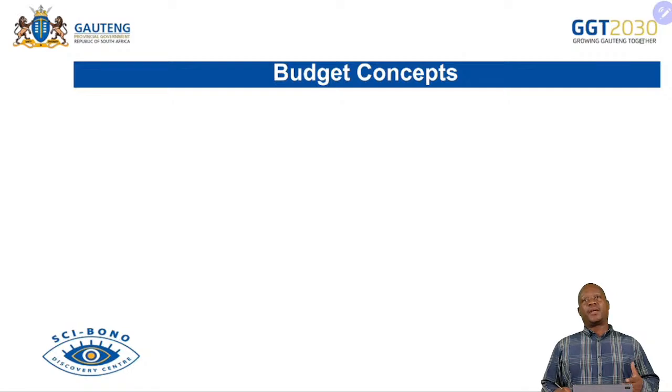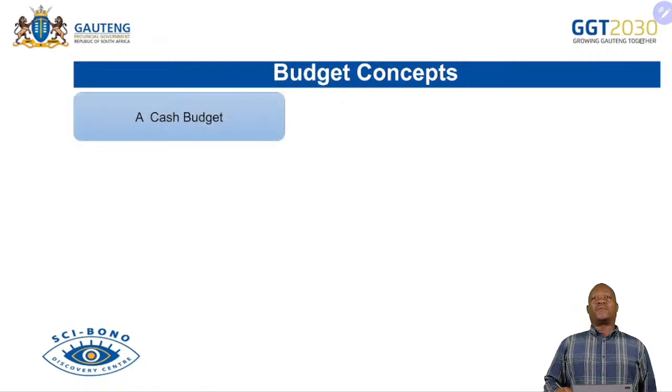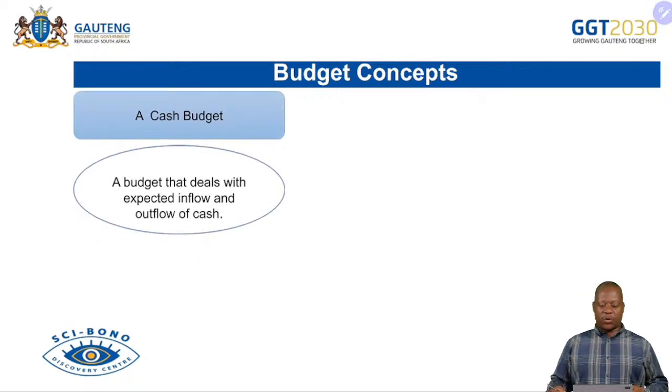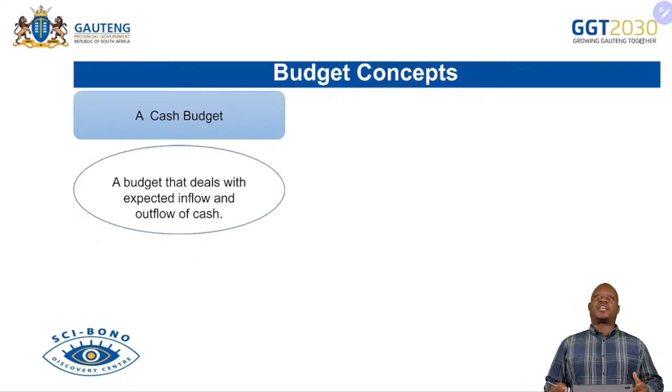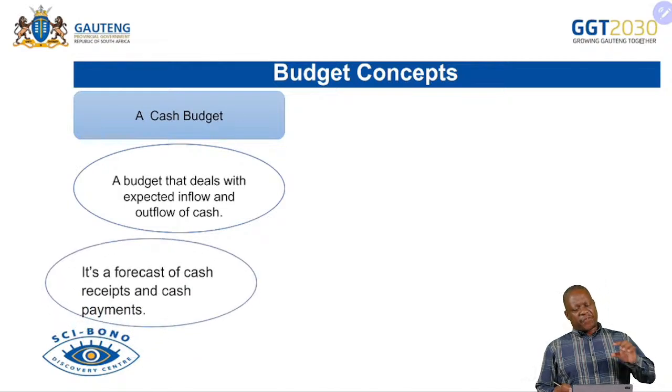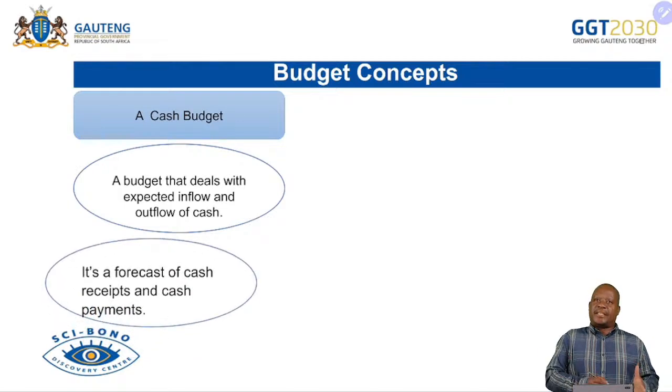To start with, let's go through budget concepts. Now, the first thing that I'm bringing to you is, what is this cash budget? A cash budget deals with expected inflows of cash as well as the outflows of cash. It's a forecast of cash receipts and cash payments.